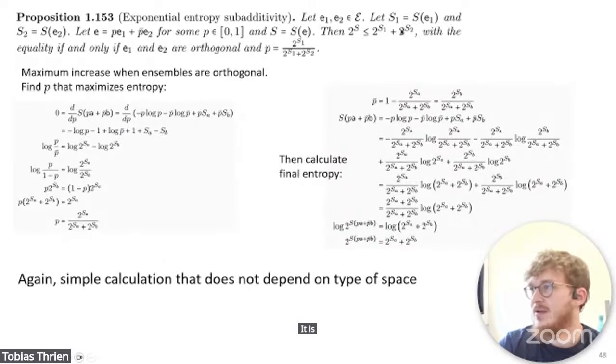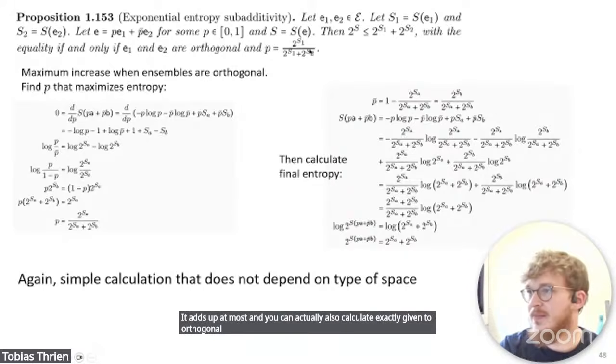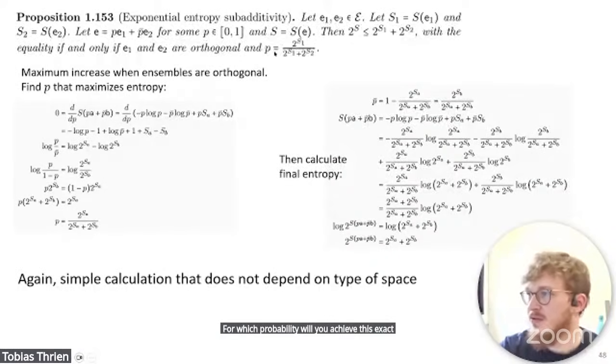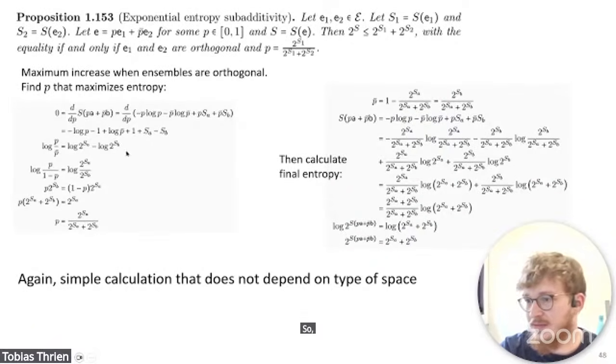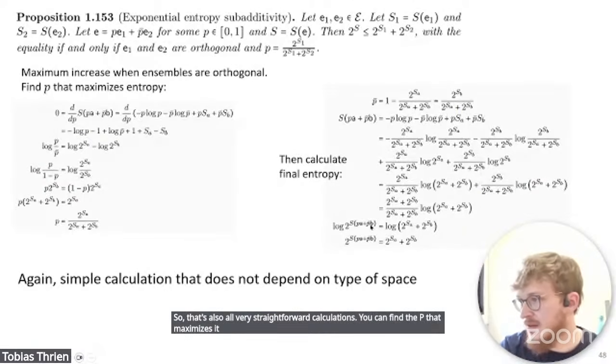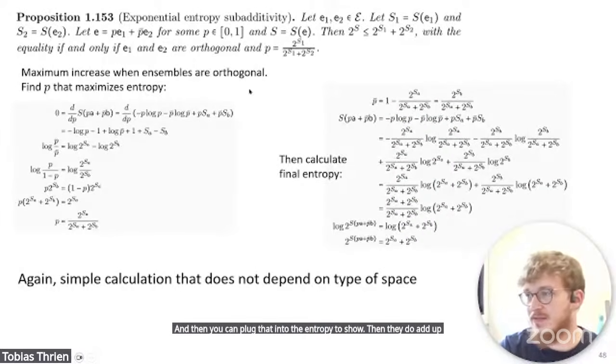It adds up at most, and you can actually also calculate exactly, given two orthogonal ensembles, for which probability you will achieve this exact additivity. So these are all very straightforward calculations. You can find the p that maximizes it, and then you can plug that into the entropy to show that then they do add up in the extreme case.